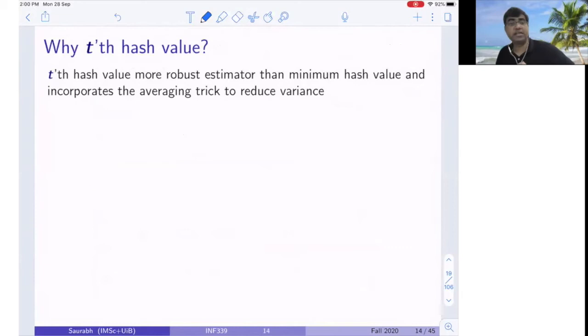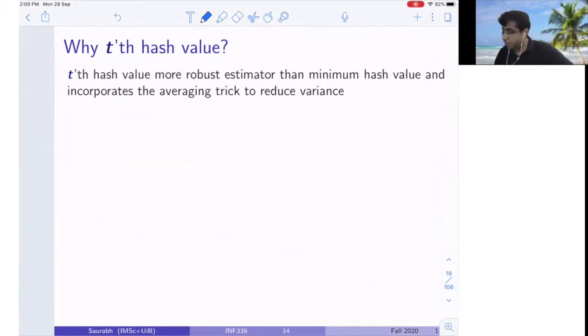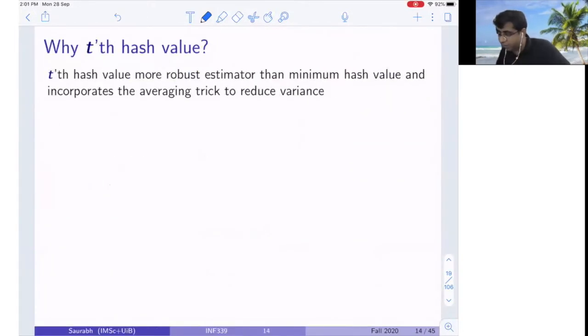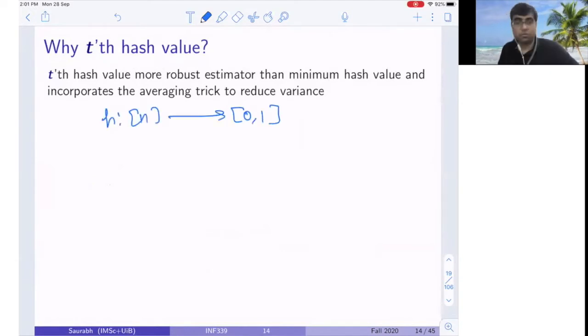But let's try to understand first, why the t-th hash value? So first of all, what is this algorithm doing? I will come to the basic understanding of this algorithm. Basically, it is trying to mimic the same 0, 1 interval idea.